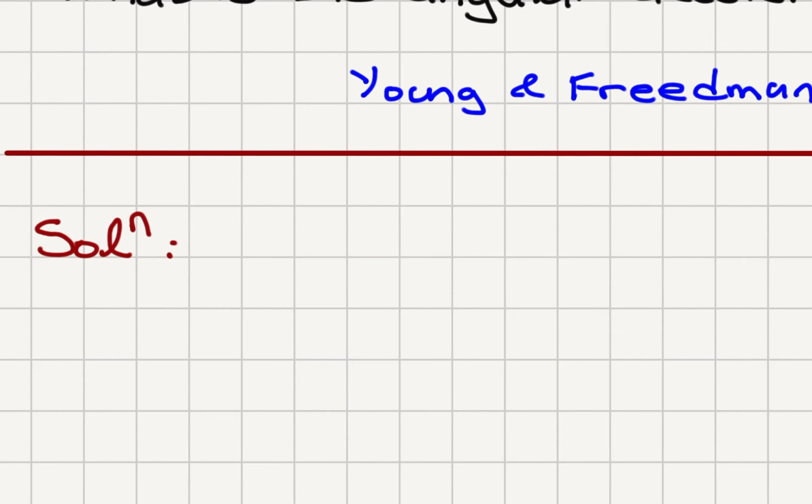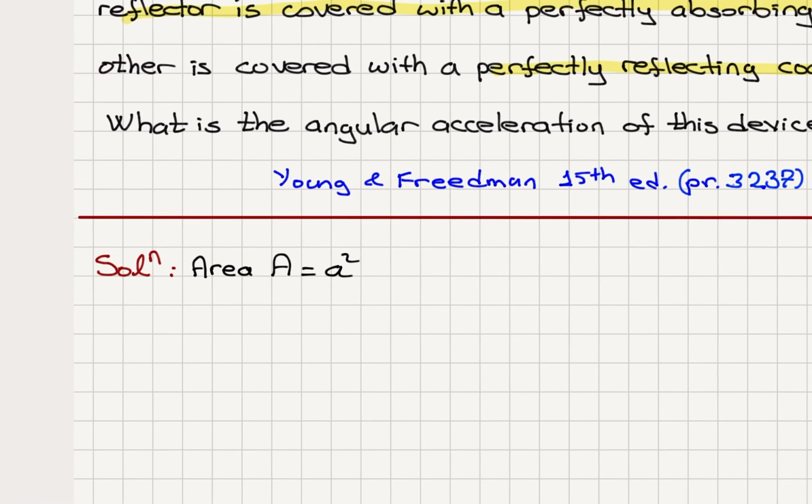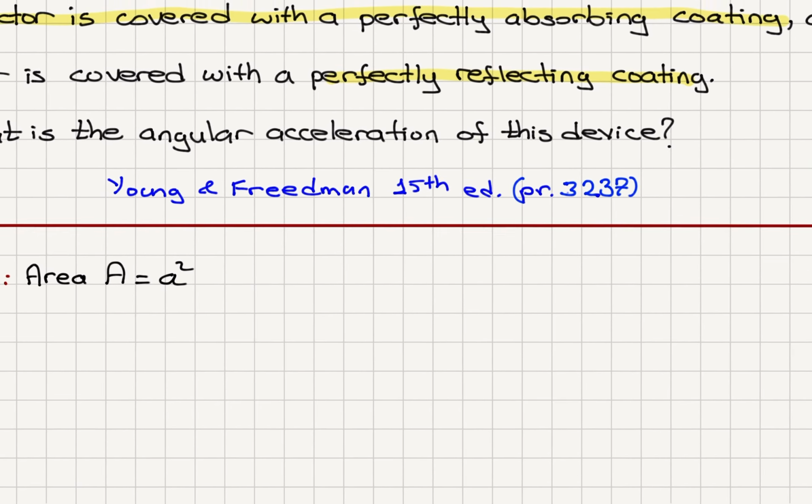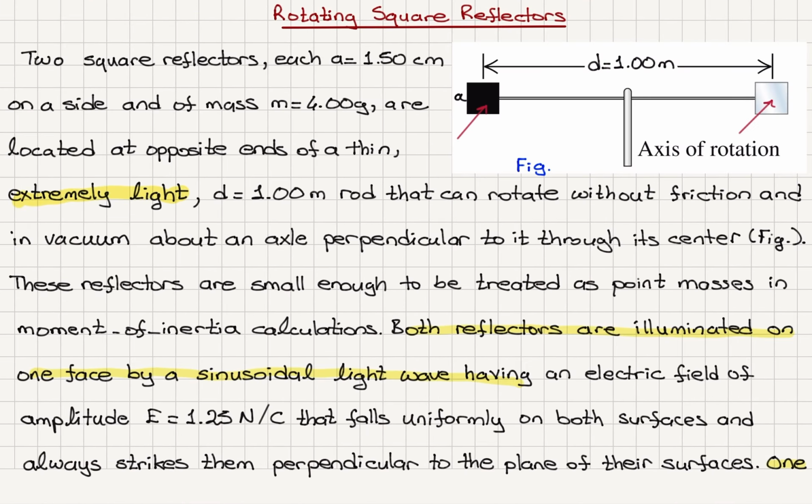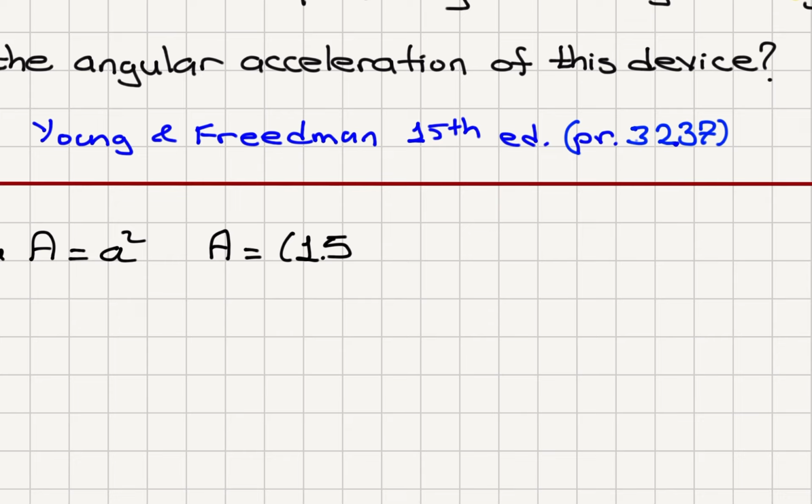The area of each reflector, area A, is equal to side length A squared. So we can calculate the area as 1.5. It was 1.5 centimeters on the side, so (1.5 times 10 to minus 2) squared.